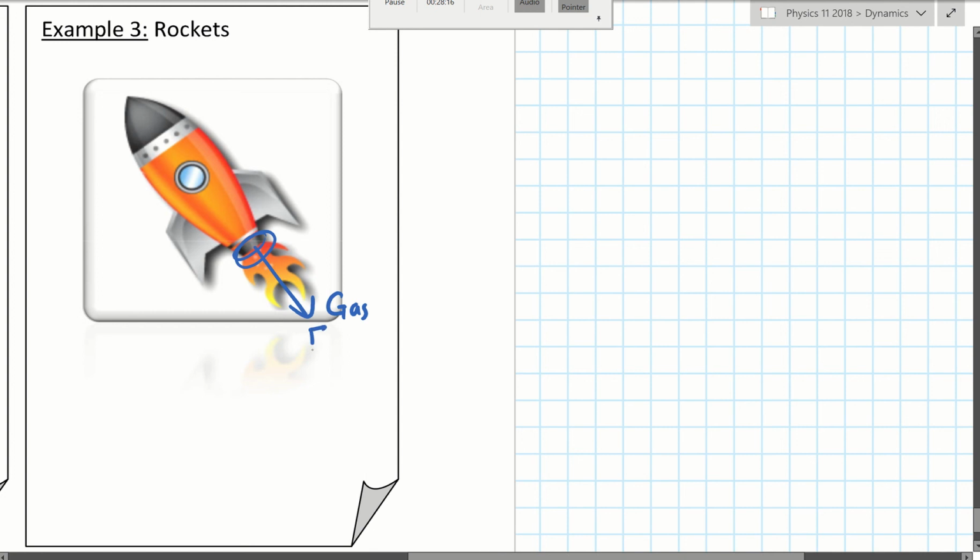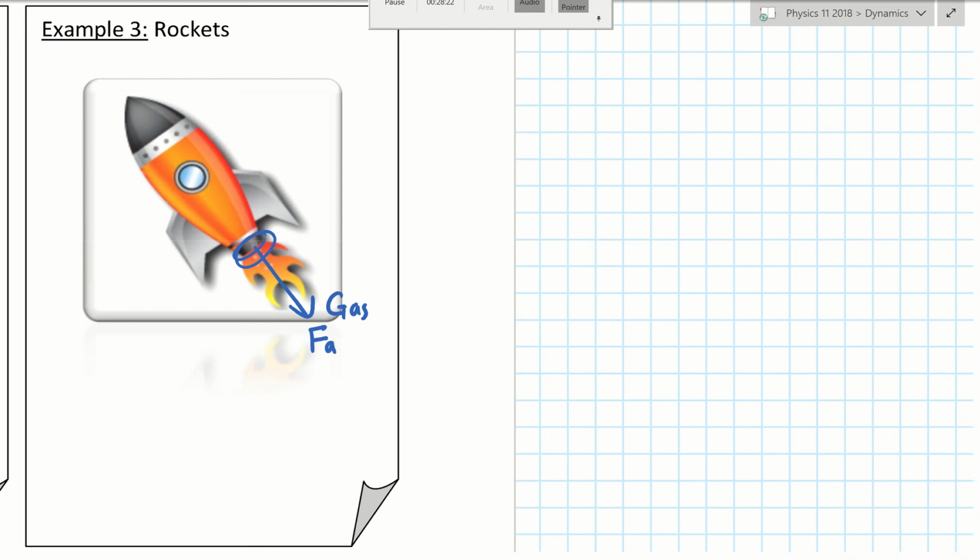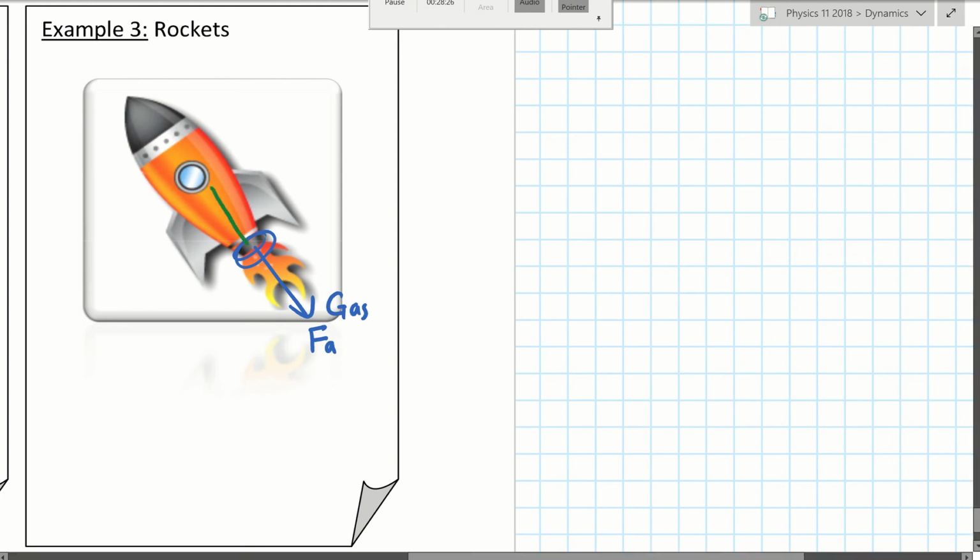So this is the force that the rocket applies to the gas, throwing it out. And at the same time, the gas also applies a force to the rocket, because you cannot apply a force to something without that object applying a force back to you. And this is going to be the reactionary force on the rocket.